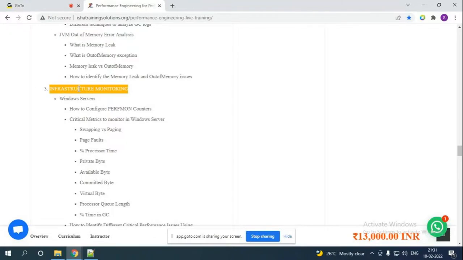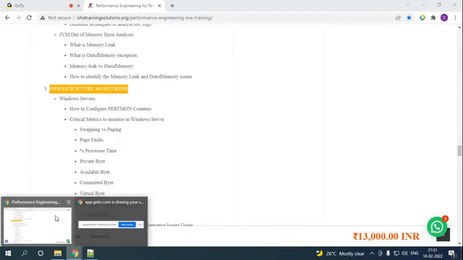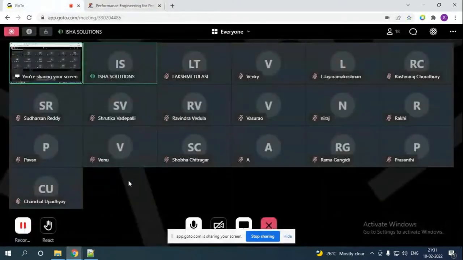Infrastructure monitoring. So nowadays, guys, maybe I'll ask this question: how many of you are actually doing infrastructure monitoring in your organization? Anybody?